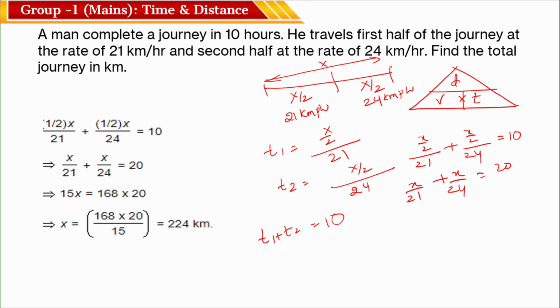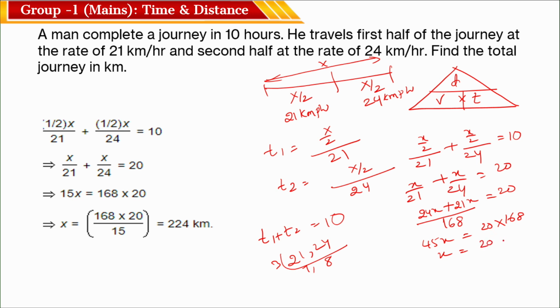So you have to find the LCM of 21 and 24. 21 is 3 times 7, 24 is 3 times 8, so the LCM is 3 times 7 times 8, which is 168. So it becomes 8x plus 7x, that is 15x equals 20 of 168, or x is equal to 20 times 168 by 15.